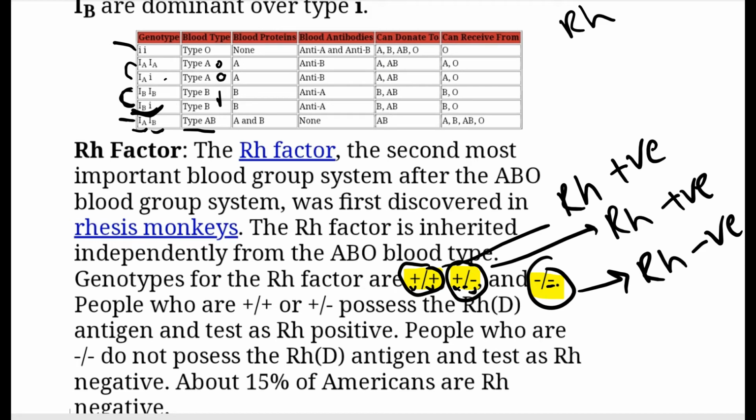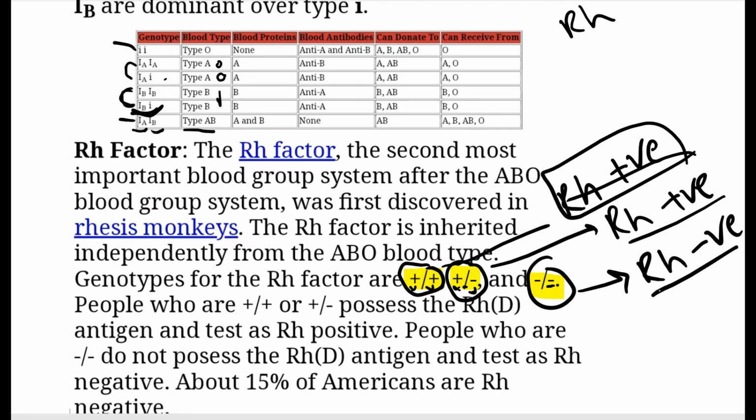Remember, these are genotypes. So when we ask what is the RH type, you don't write it this way. You only write it this way. Those three ways. So if you're wondering, okay, this one in the middle has both a plus and a minus, how come it's actually called RH positive?